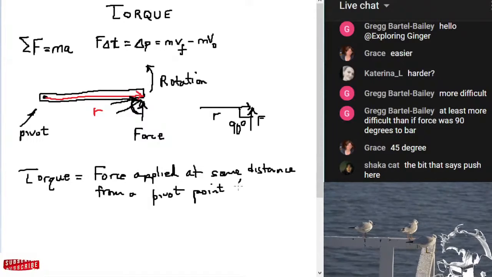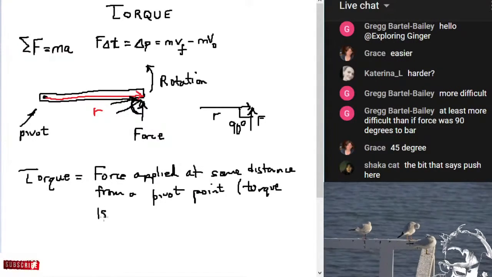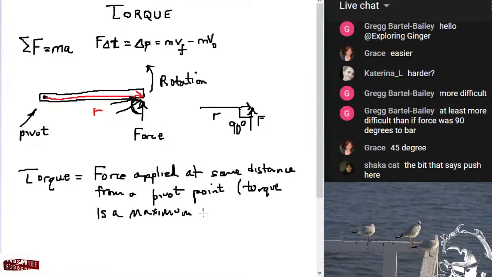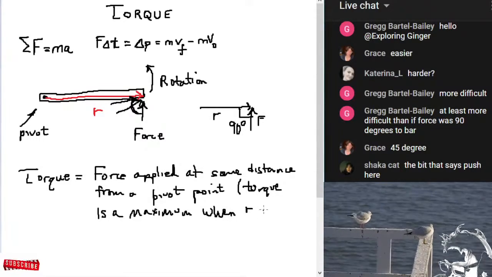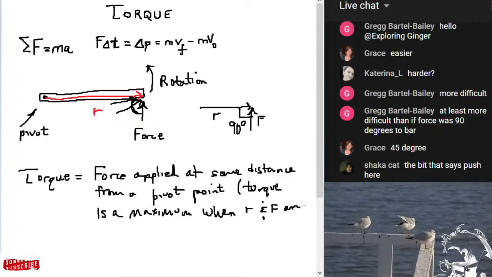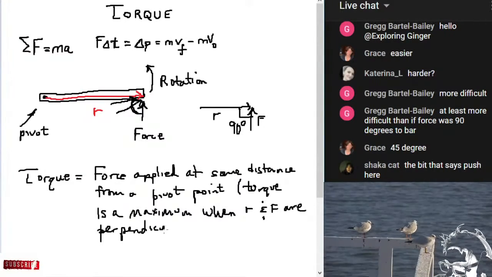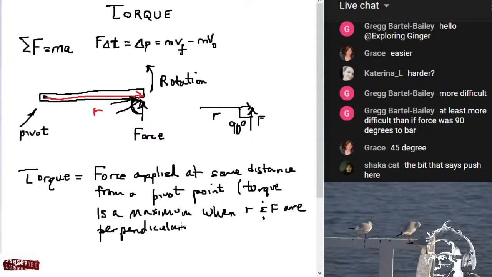That's right, Shaka. So torque is maximum when R and F are perpendicular. So we have to be able to account for that in calculating torque.